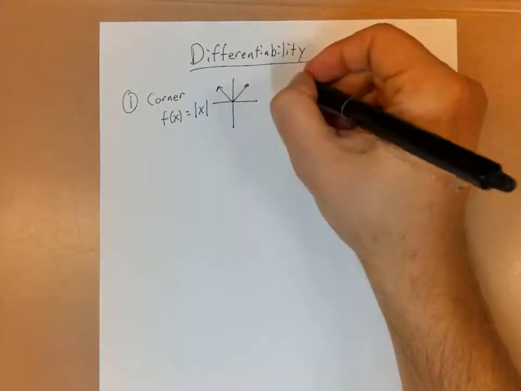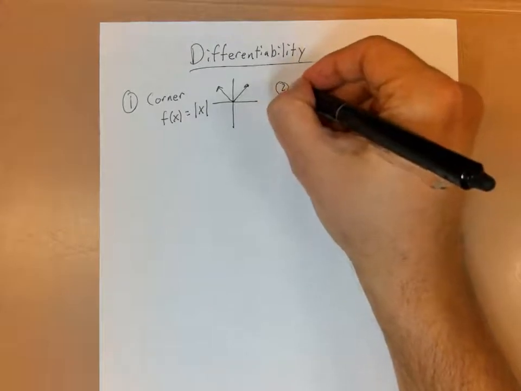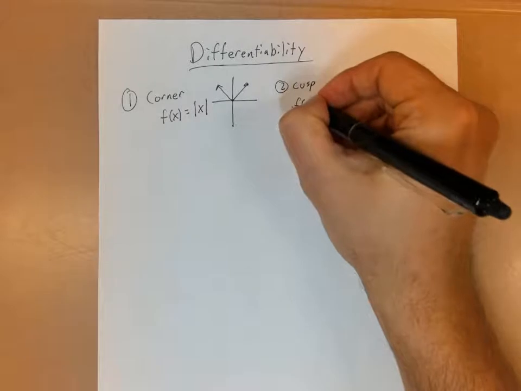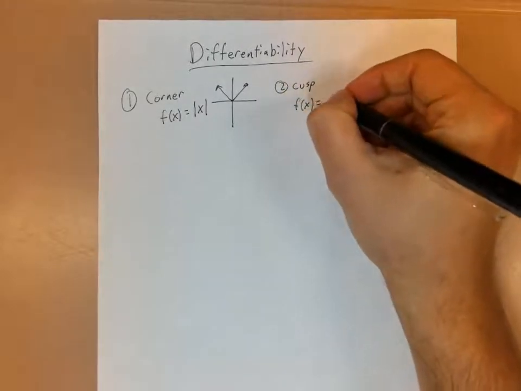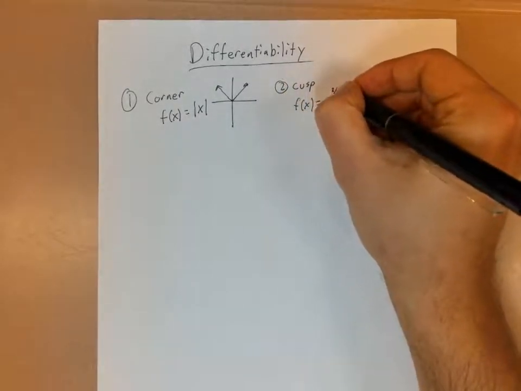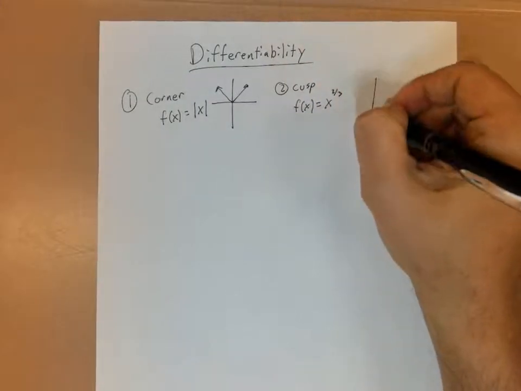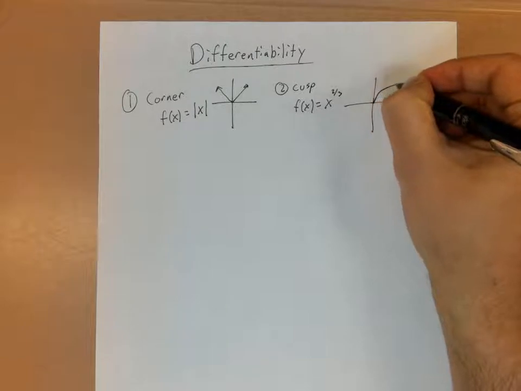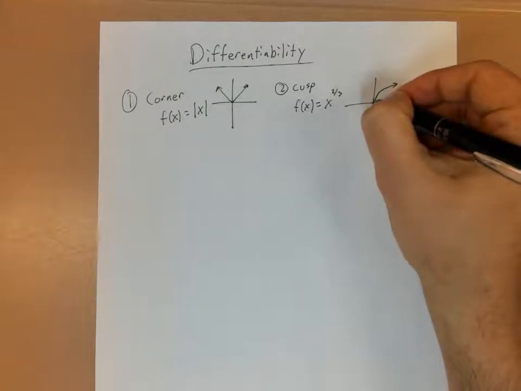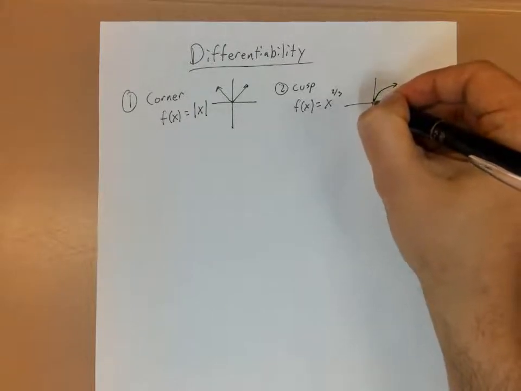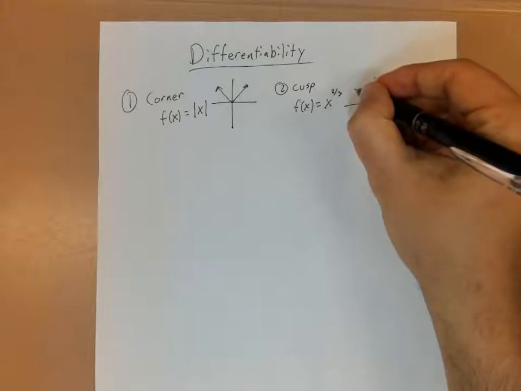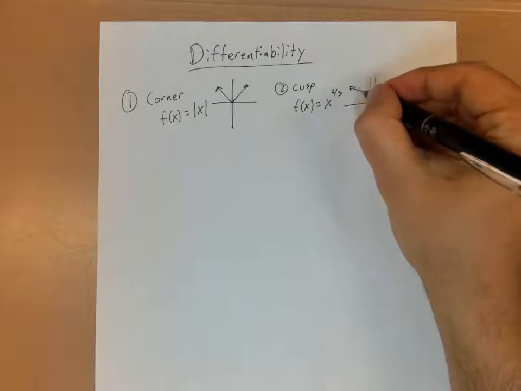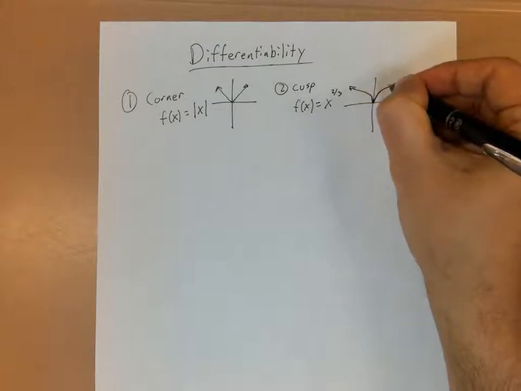A similar example is called a cusp, and an equation that has a cusp would be the equation x to the 2/3 power. A cusp looks very, very similar to a corner, and I know my picture's not super great here, but instead of having a nice rigid corner, it curves in and then curves back out.